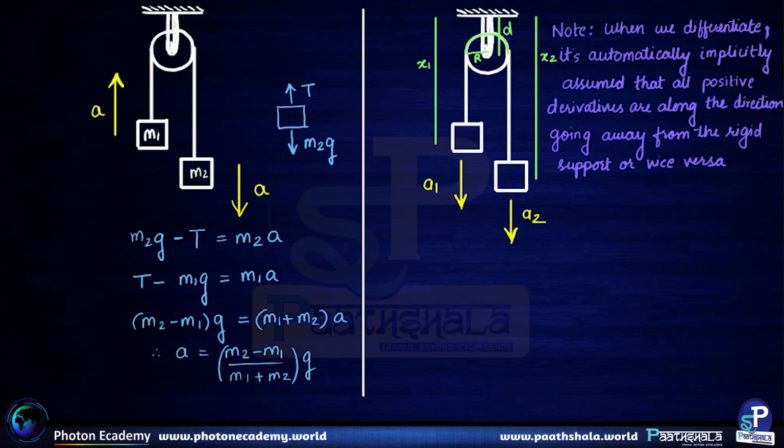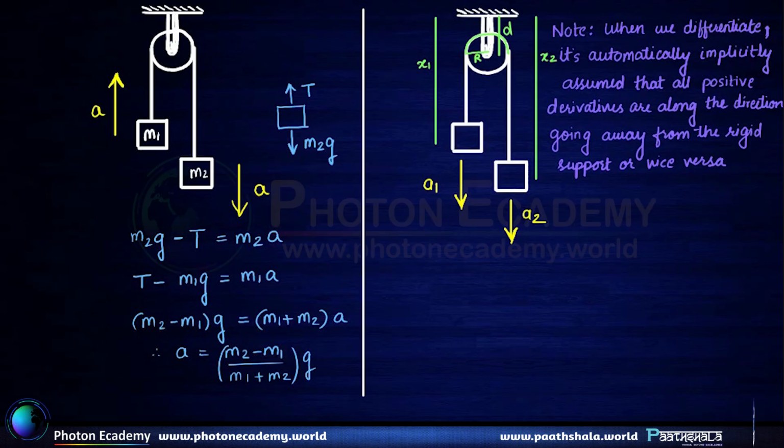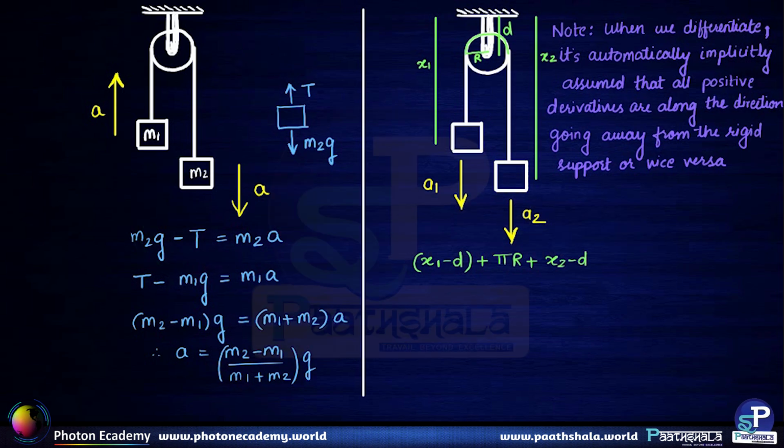So half of the circumference of the pulley is going to be equal to pi r. So (x1 minus d) plus pi r plus (x2 minus d) will give us the total length of the string.